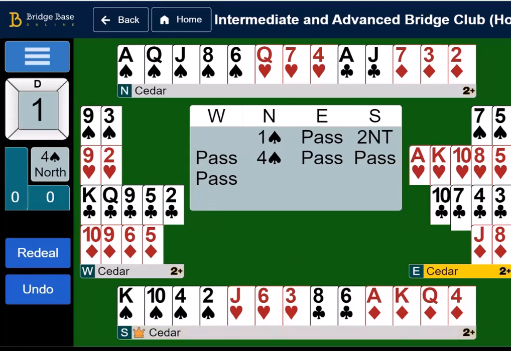Now, the change was to make all of these squeezes what are called automatic squeezes. Automatic squeezes means that it works against either opponent.